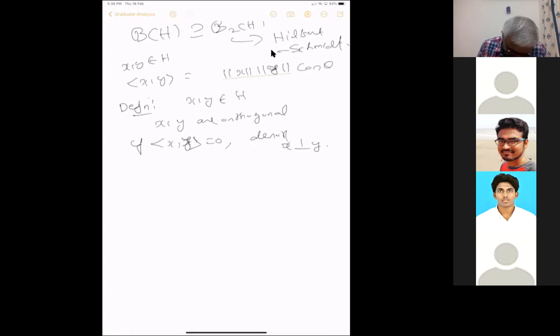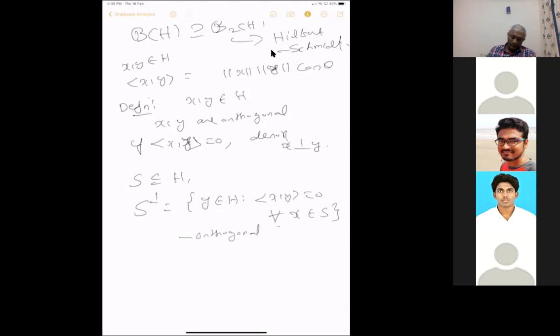If S is a subset of H, then we take the orthogonal complement of S to be all those y in H such that the inner product of x and y equals 0 for all x in S. This is what is called the orthogonal complement, which is of course not a set theoretic complement.